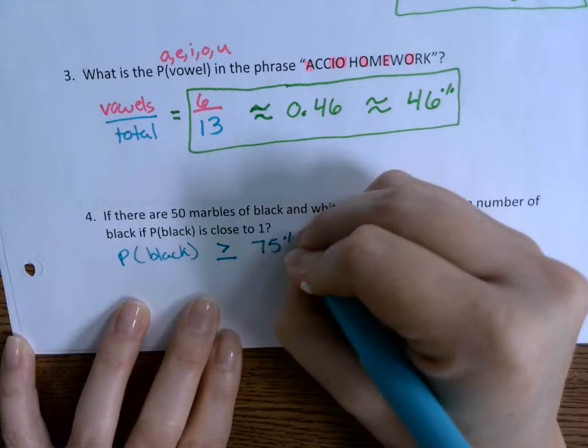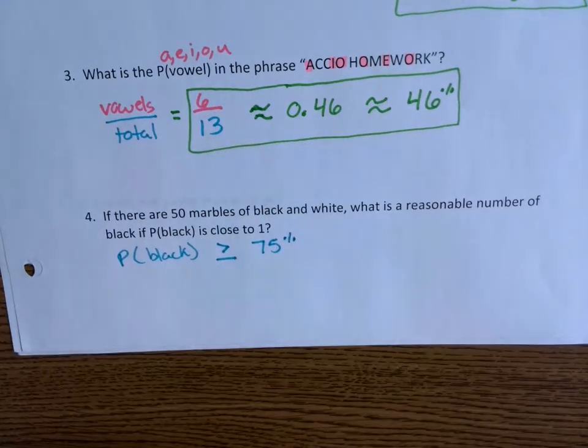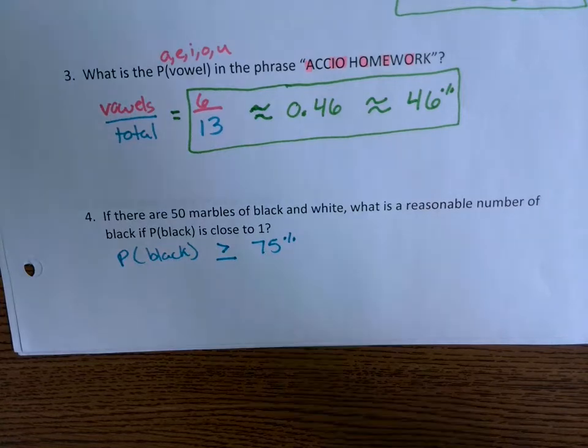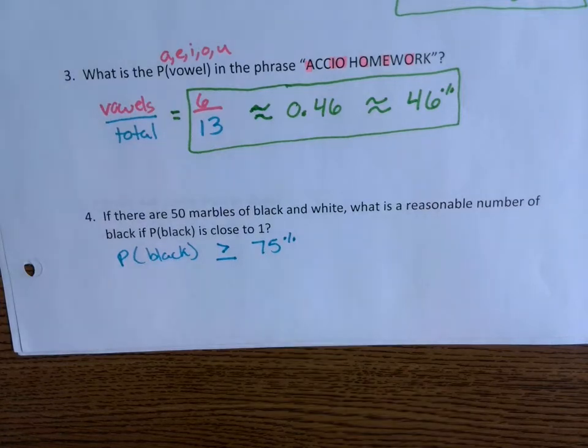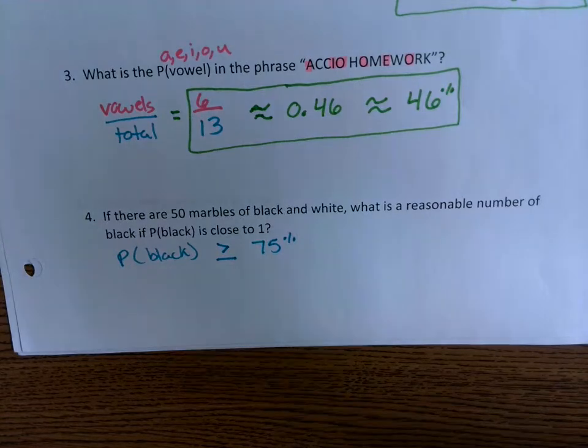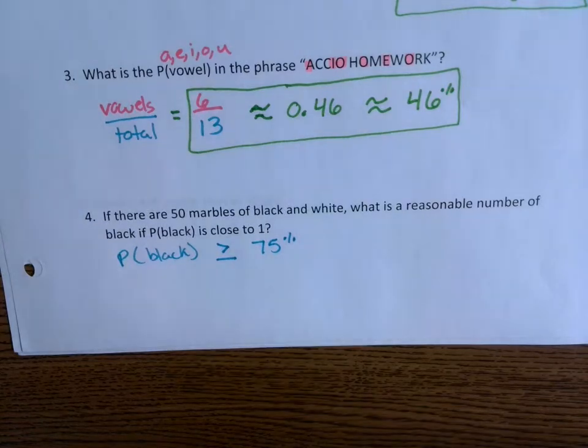Right? If it's less than 75%, let's say 74%, 74% is closer to the half than it is to 1 whole. So 75% or more is closer to the 1 whole range or the 100% range. Anything below that is not as close to 1 as it is to something else.